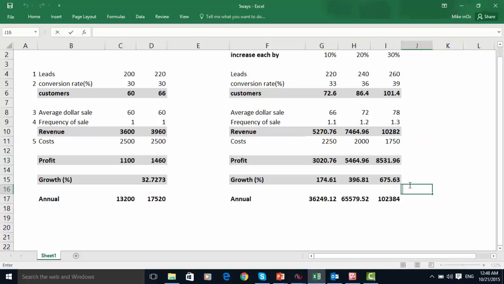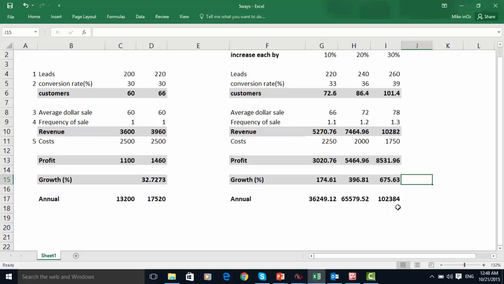And now we've got growth of 675% compared to if we'd done nothing. And of course, a revenue which is now well into 6 figures, $102,384. So you can see by growing each of these areas, we have that exponential growth that we talked about in the opening slide.